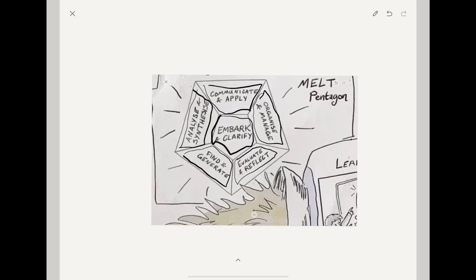And the way they apply their knowledge to this current task, the way they apply understandings to the next task or to the future is all around communicate and apply. But these are processes that happen from beginning to end, not at the end.